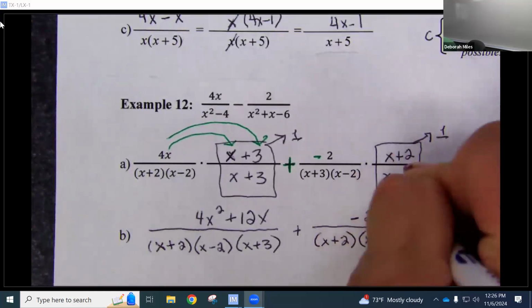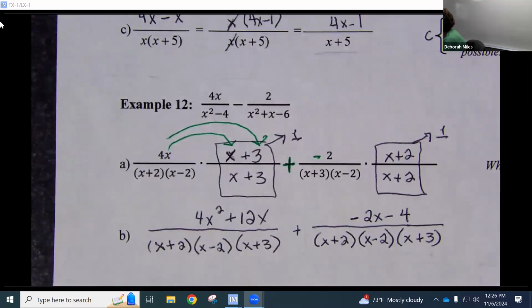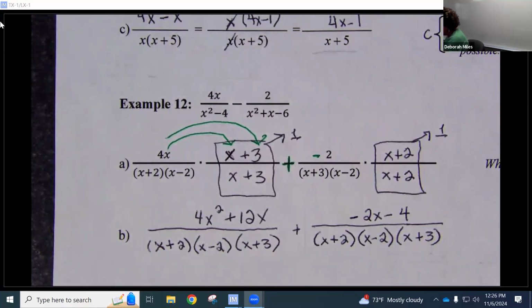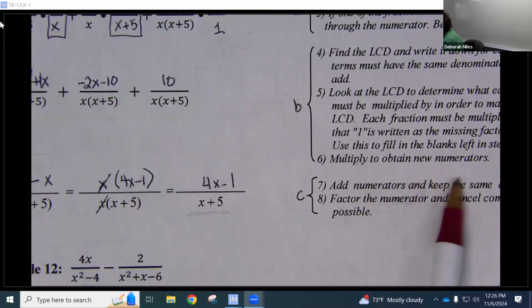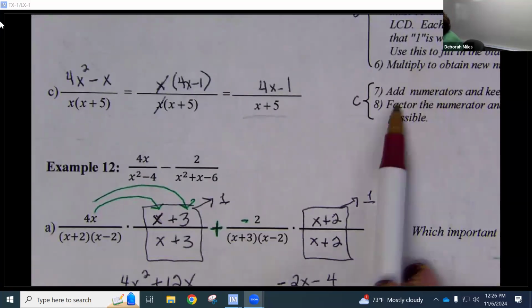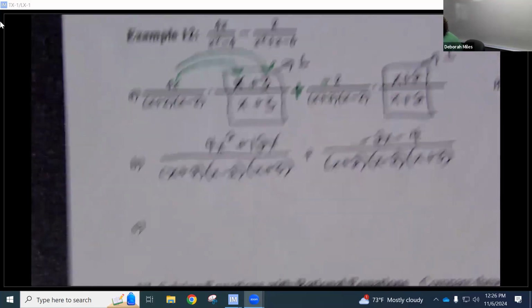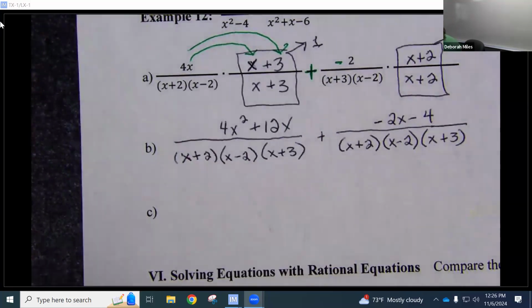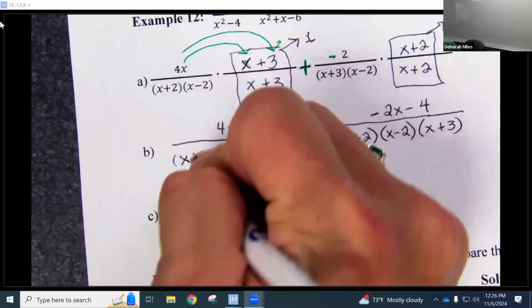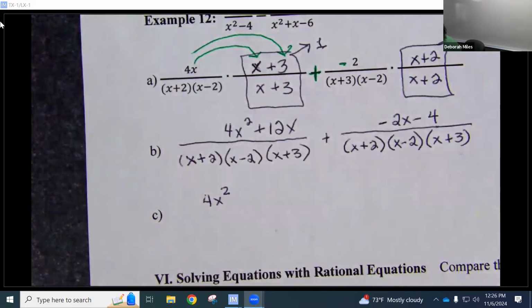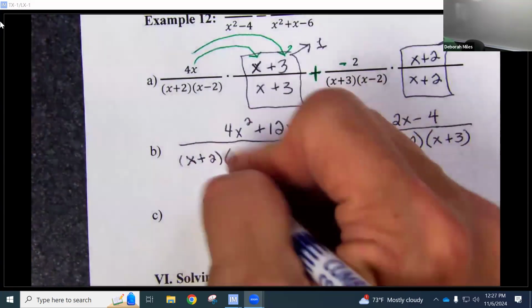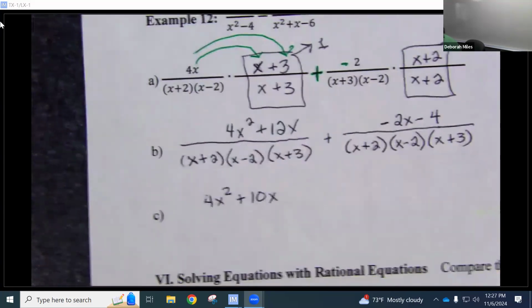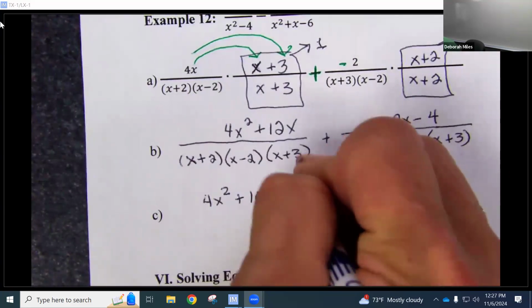Right. Okay. And so what am I ready for now? I guess that was step 6, multiply to get my new numerators. I'm ready to add the numerators, keep the same denominator. Adding the numerators is combining like terms. 4x squared, a positive 12x minus 2x is positive 10x. And I don't have anything to combine with my minus 4.